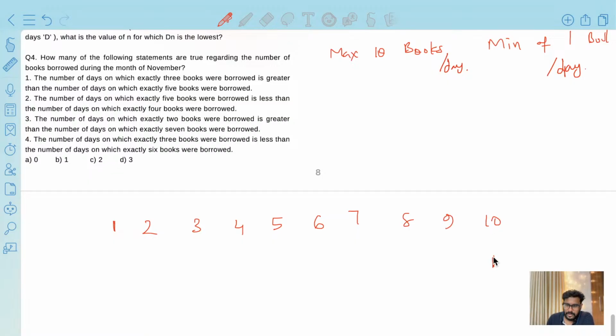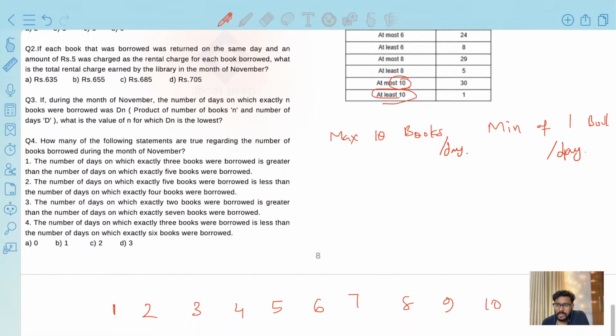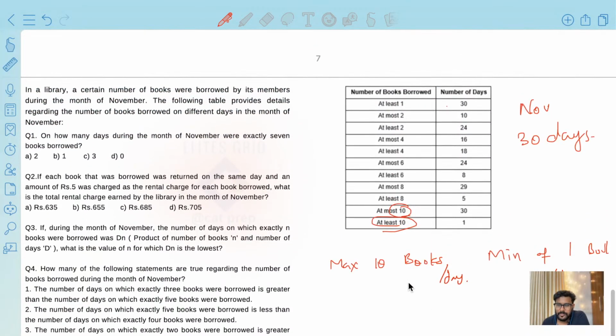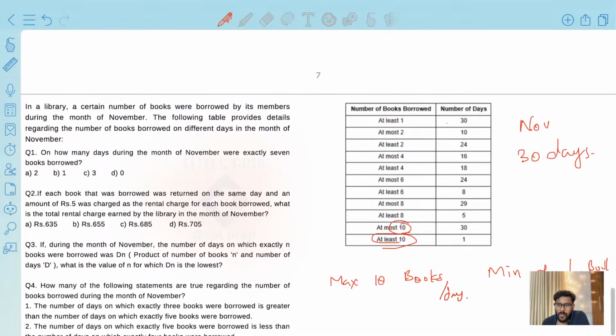So this happened at least one day, 10 books borrowed. Okay. At least 8 books, 5 days.